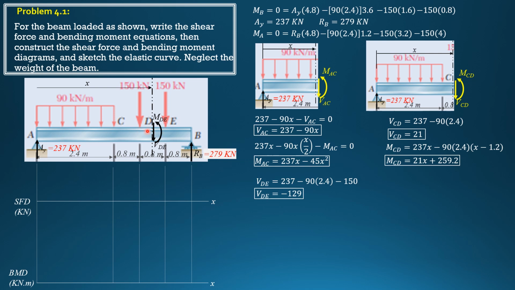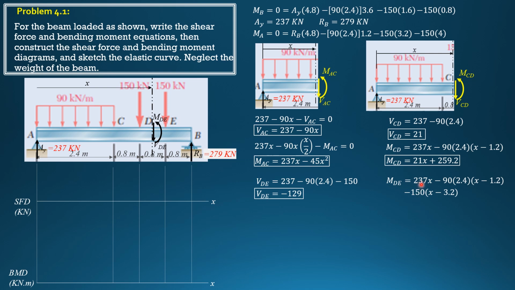This distance is x minus that distance there, 3.2. So moment DE is 237 times x if we start from the beginning, minus 90 times 2.4 times quantity x minus 1.2. Then we have a new loading which is minus 150 times quantity x minus 3.2.